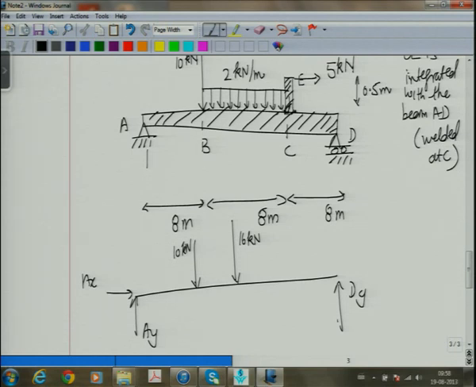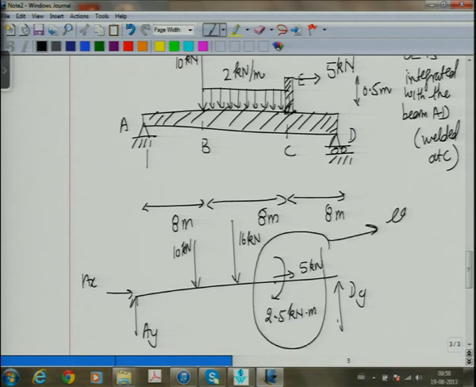So, that means what I do is at the point C, I show a 5 kilonewton force and the moment equal to 2.5 kilonewton meters, and these are really the equivalent of 5 kilonewton force at C. And this is how we take care of forces which are acting not directly on the beam but through some extension.